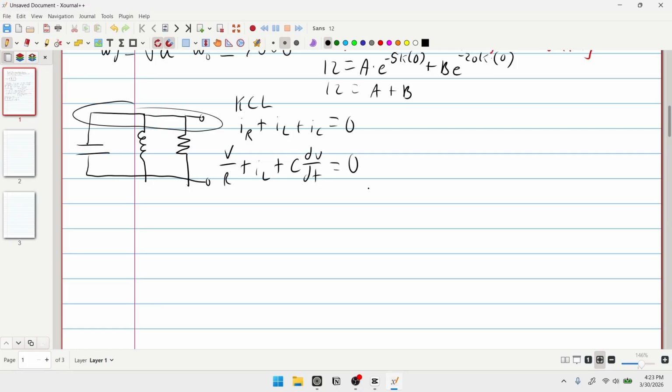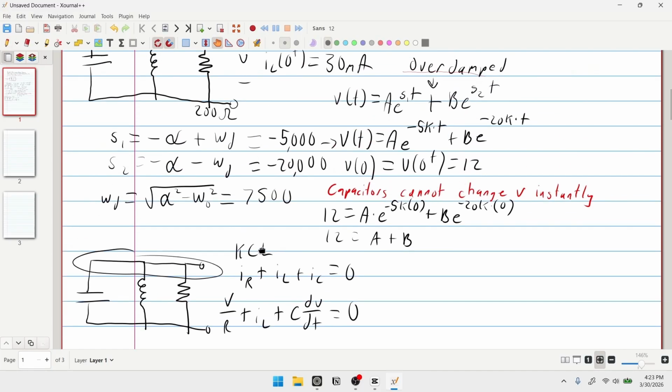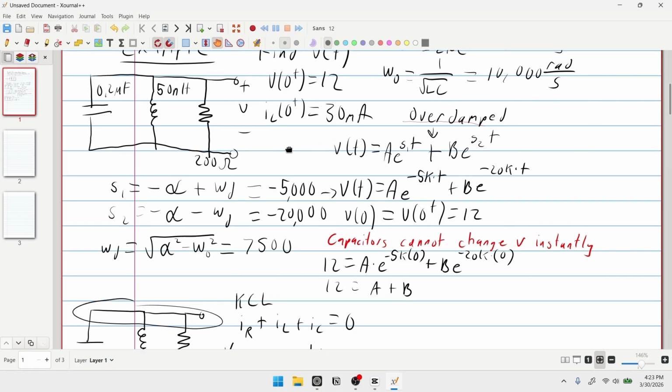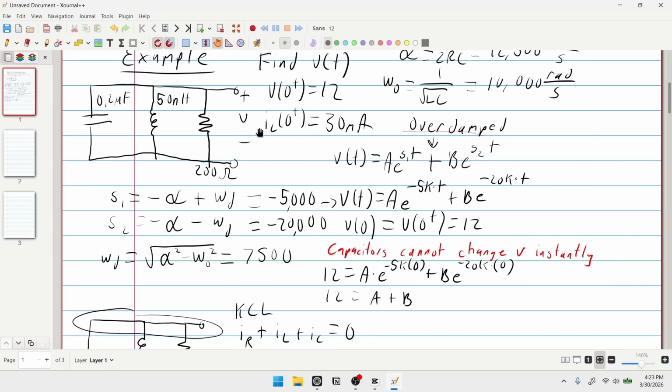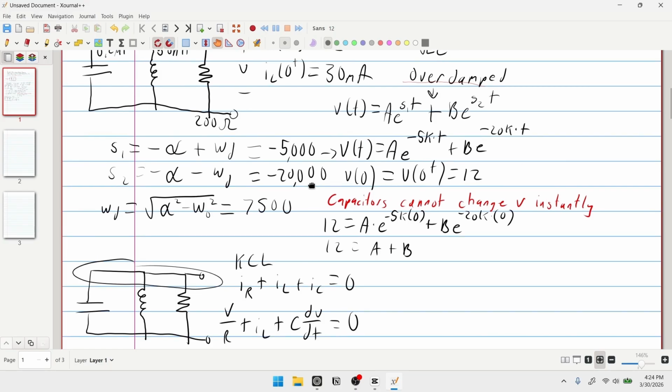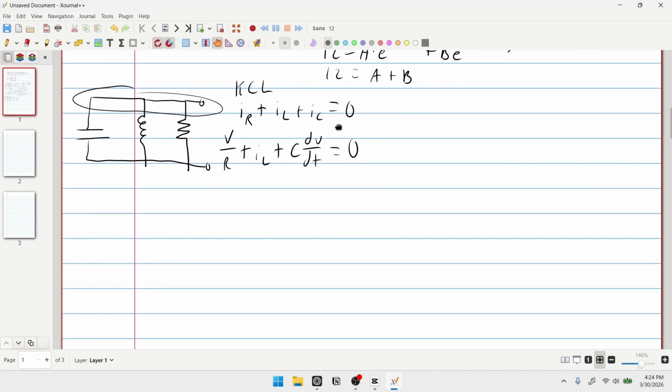Alright? And so we actually have the current through the inductor here. We know that it's IL of 0 plus equals 30 milliamps, right?